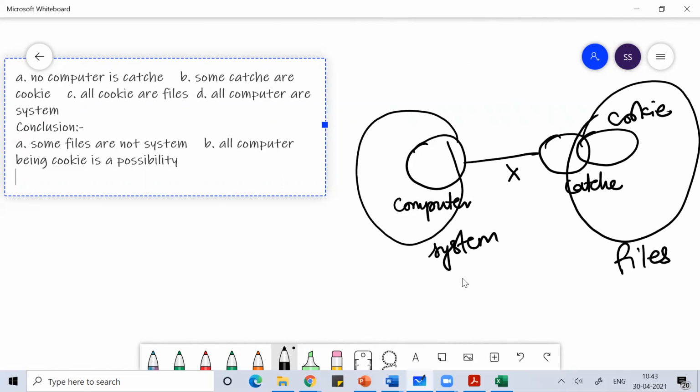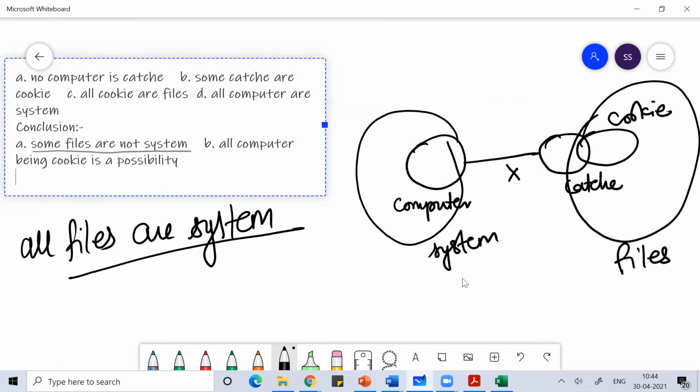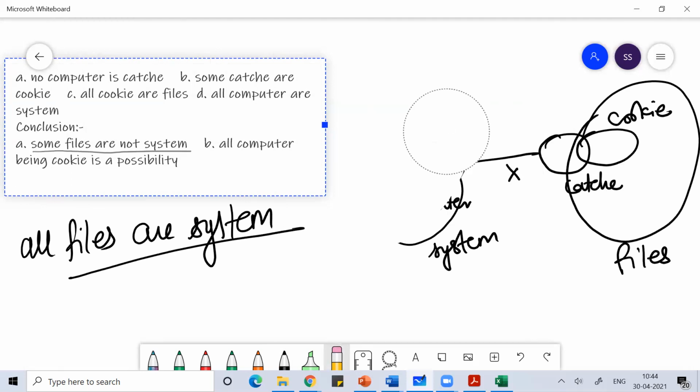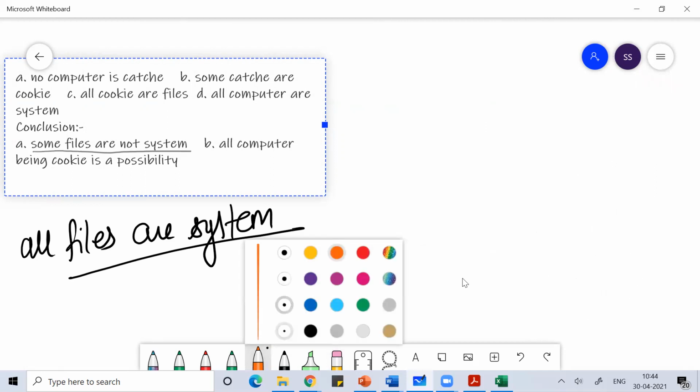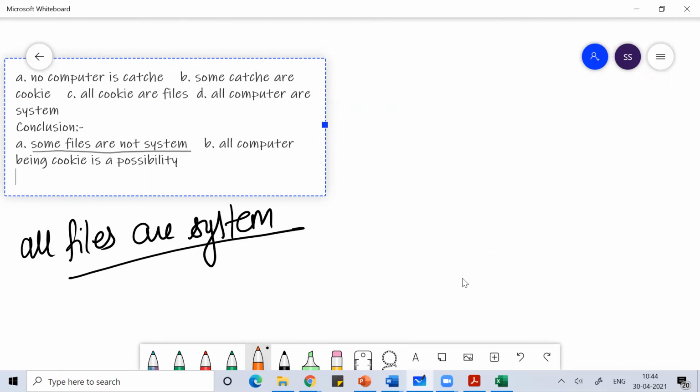That is what is given to us. You can draw a lot of diagrams based on this. What I need to do first is, if I have to test whether all files are system, I have to test this possibility: all files are system.